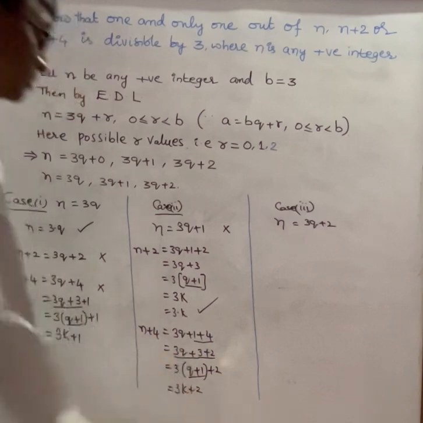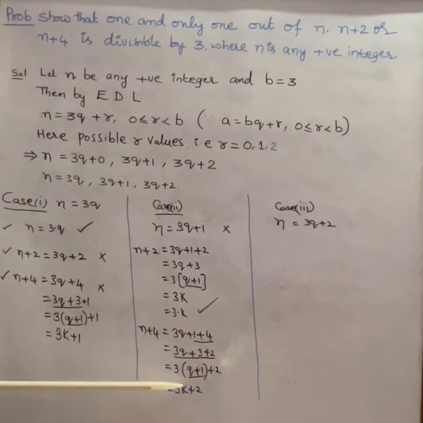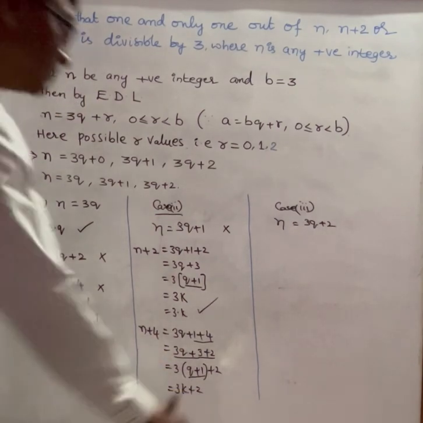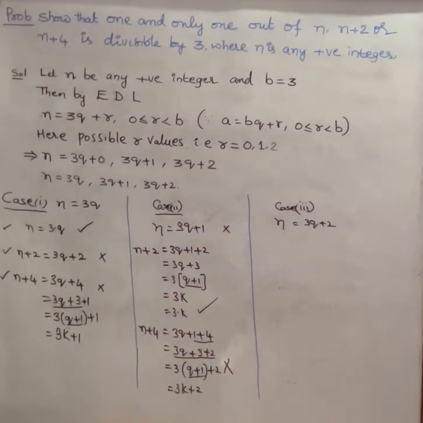Therefore, it is also not written in the form of 3 into something. Therefore, it is not divisible by 3. Out of n, n plus 2, n plus 4, only the n plus 2 form is divisible by 3. Here the n form and n plus 4 forms are not divisible by 3.